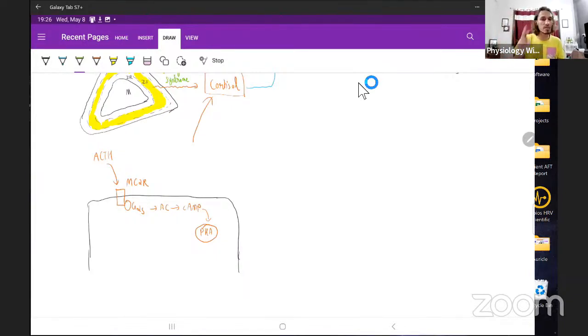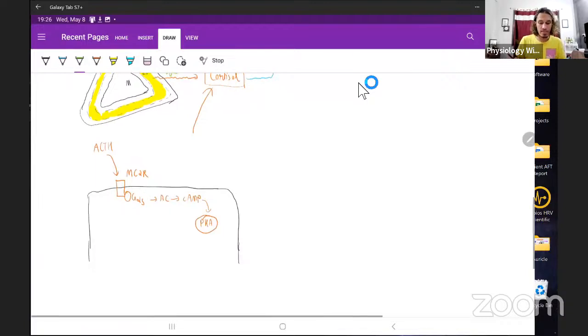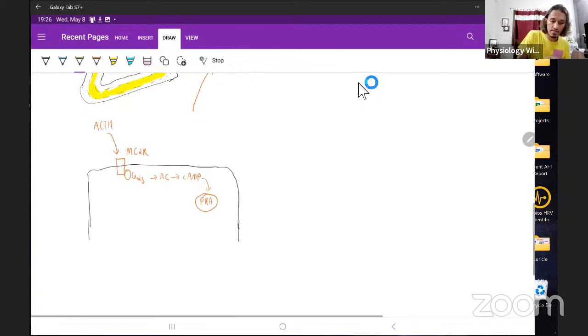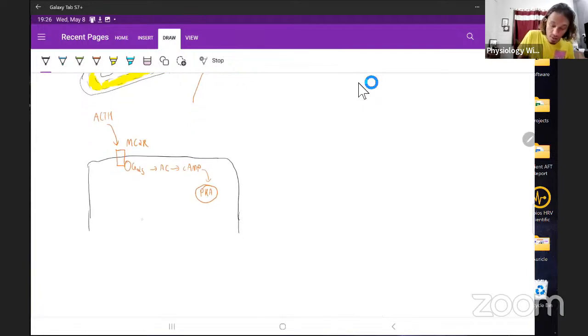So it's not preformed and stored in vesicles, but when an impulse like this ACTH is coming, at that time it starts the synthesis. How does it start its synthesis? For that, your common precursor for all of this is your cholesterol. The cholesterol is a common precursor for all of the steroid hormones that we know.